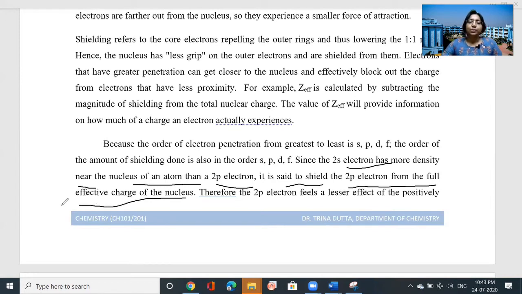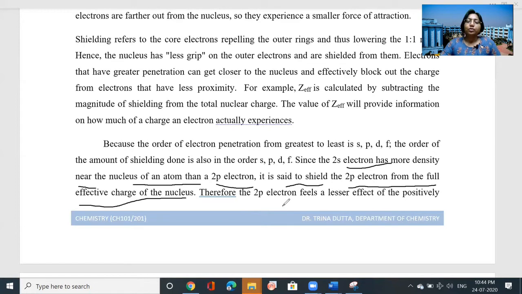Here it is telling the same thing. It is said to shield the 2p electron from the full effective charge of the nucleus. So the 2p is not getting the full effective charge; the nucleus is shielded from 2p.